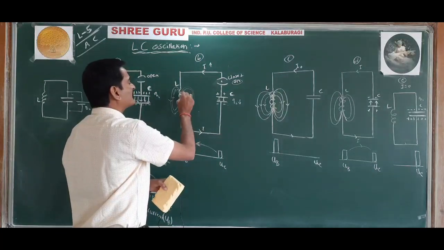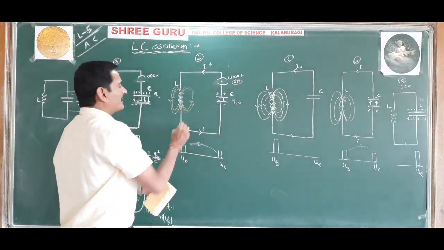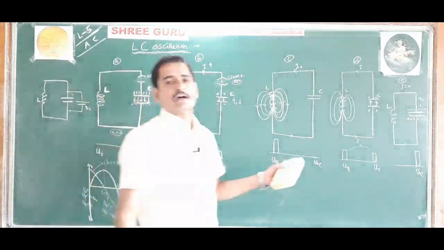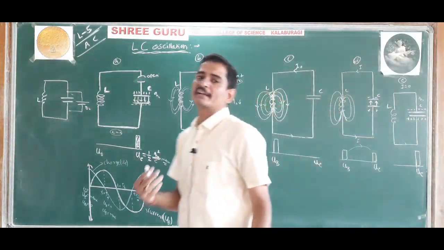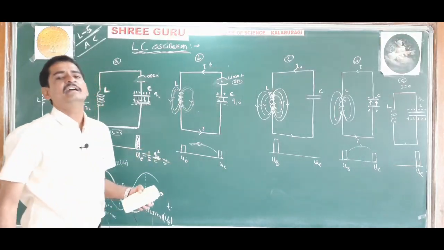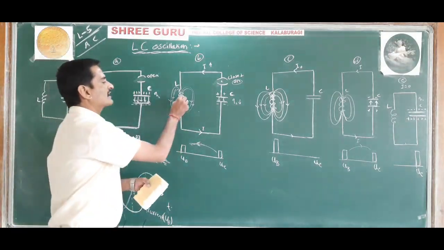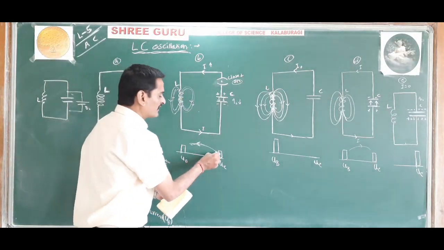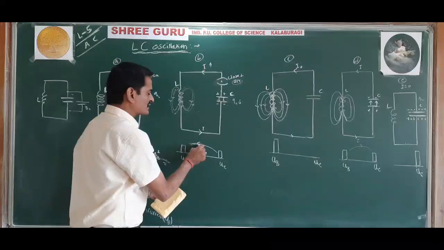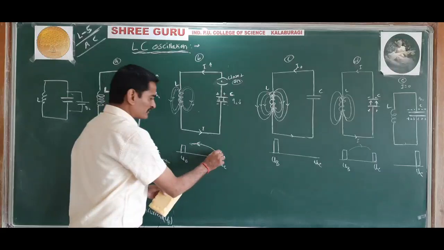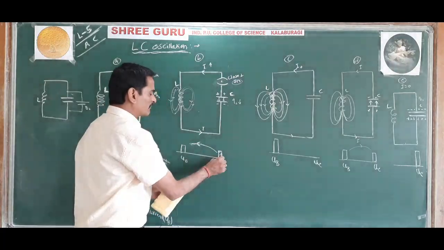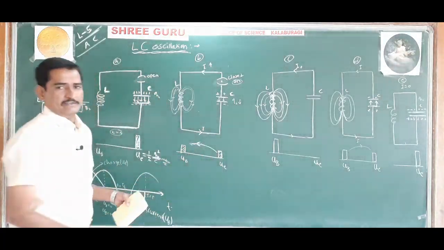This increasing current, when it passes through the inductor, produces a magnetic field around the inductor, that is, magnetic energy. Some part of the electrical energy is converted into magnetic energy.